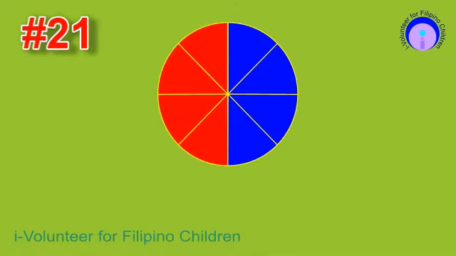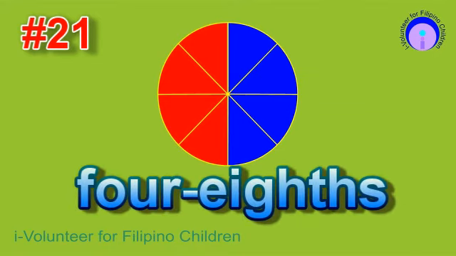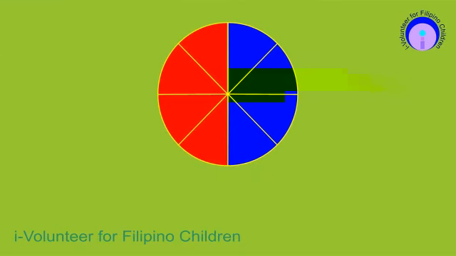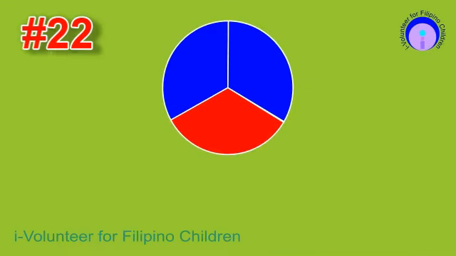Number 21. Write the fraction in words on the number of reds. The answer is. Number 22. Write the fraction in words on the number of reds.